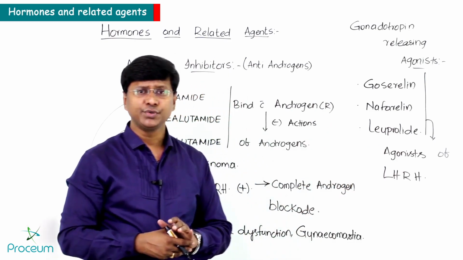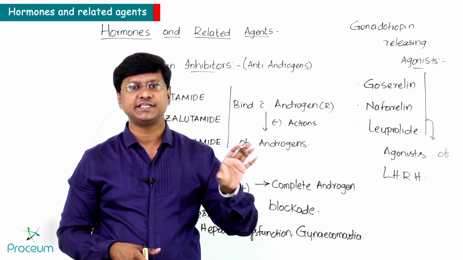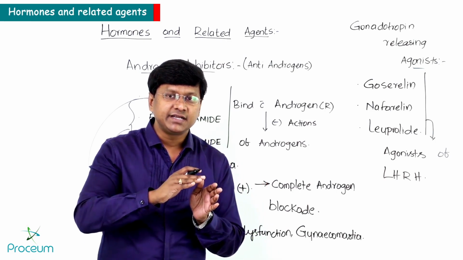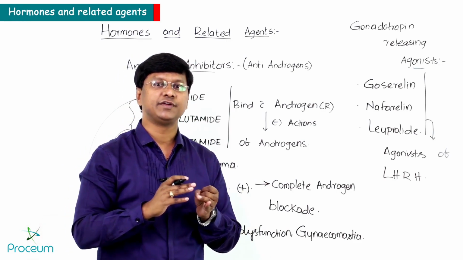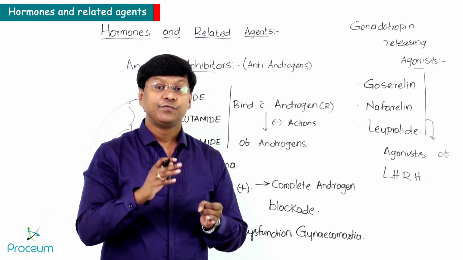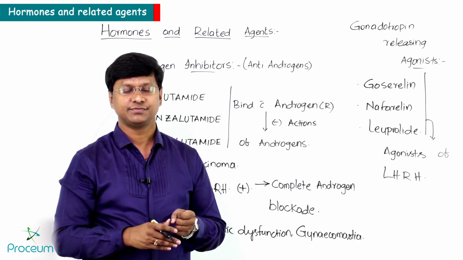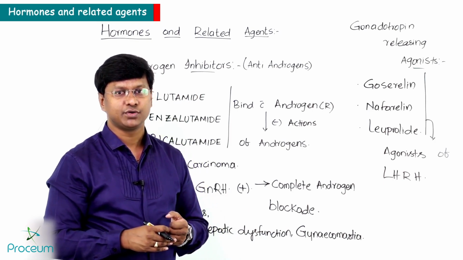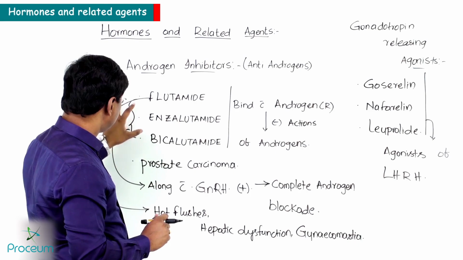Now, if you do a continuous administration of these agents, it leads to transient release of luteinizing hormone and follicle stimulating hormone, followed by inhibition of the release of gonadotropins. So that is the purpose why we are giving these drugs.